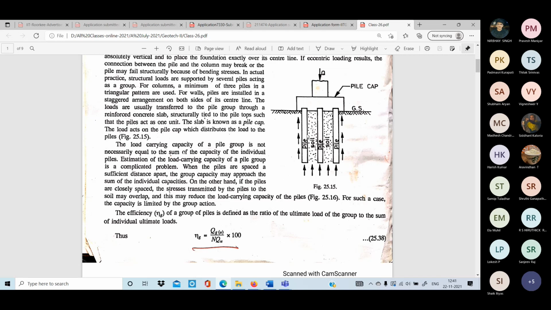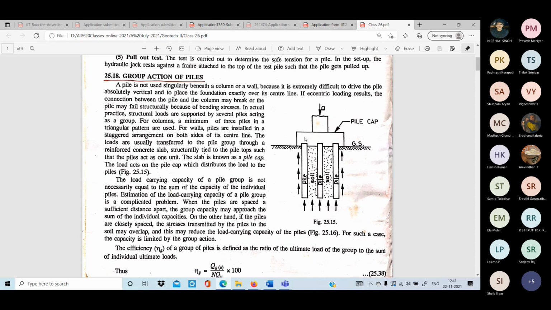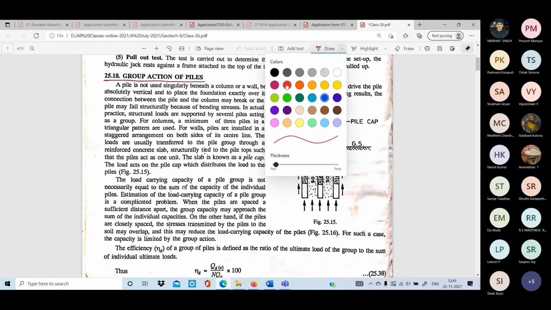Okay, that's fine. I think it's not very difficult. You can read on your own also. This is the group pile, and these are the three piles. The minimum is three piles, and we can have 3 by 3 piles also. Likewise, let me take another ink.